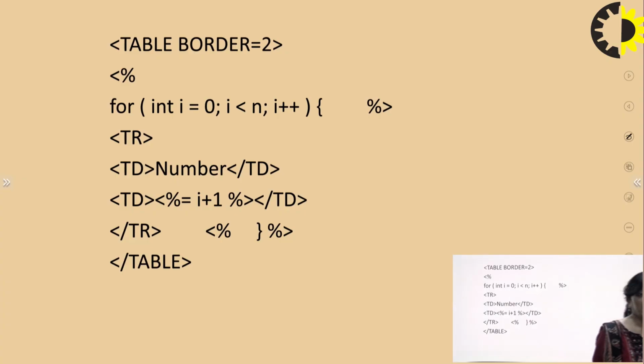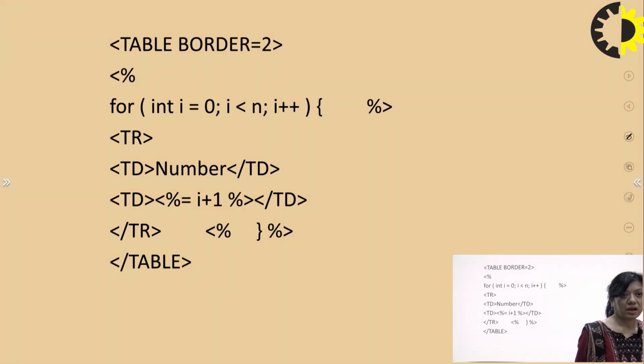If we want to set the border of our web page, at that time we use the table border. So for the table border, suppose we write 2, so it will print a border of 2, and tr is used for printing the row, and td is the content which we want to print.